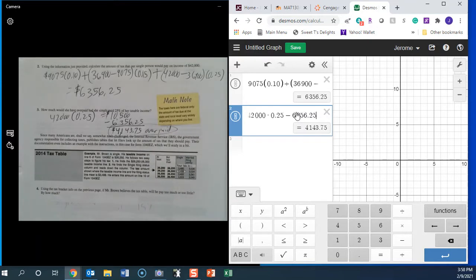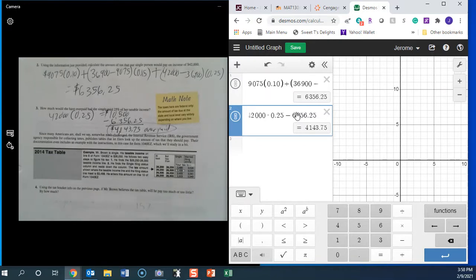Okay, number 4. It says here, using the tax bracket info on the previous page, if Mr. Brown believes the tax table, will you pay too much or too little and by how much? Okay, now we have an example. Before that, let me read above here.